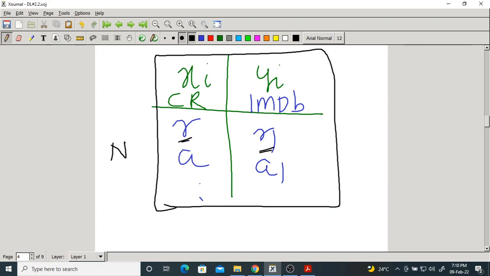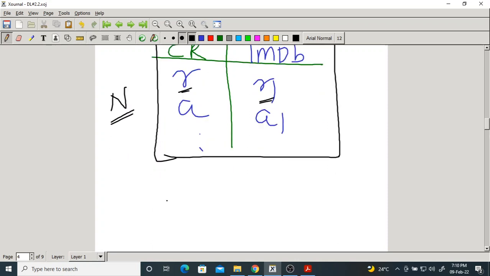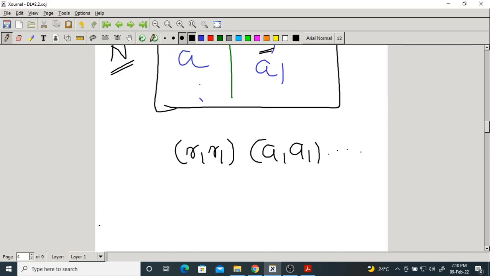For how many movies? n movies. So I get n pairs of values like R1, A1, and so on, up to n pairs. This is the training data for the network, the sigmoid neuron.